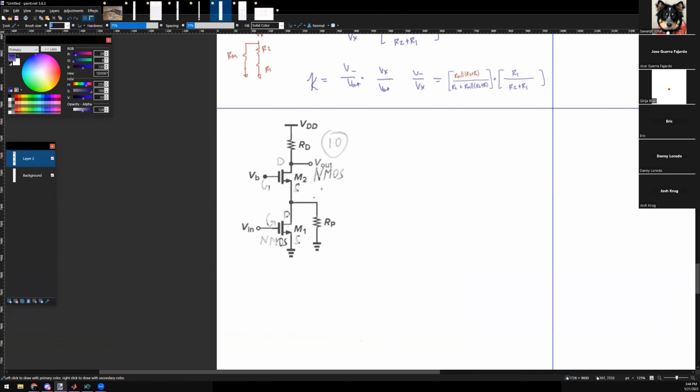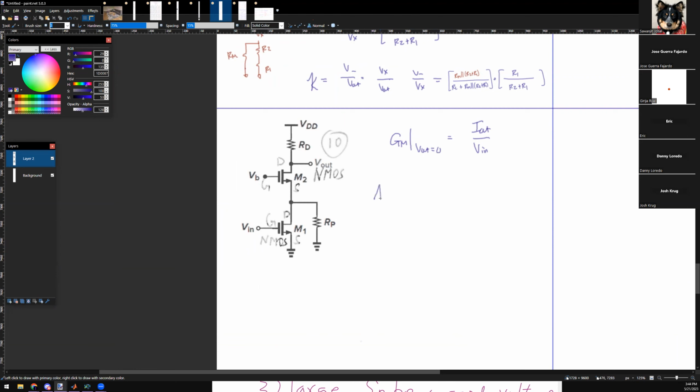I don't know how to do that. The way the professor does it, I think his definition of GM is when V out is shorted. Then what is the I out relative to V in? That's his condition. Why is he asking GM?